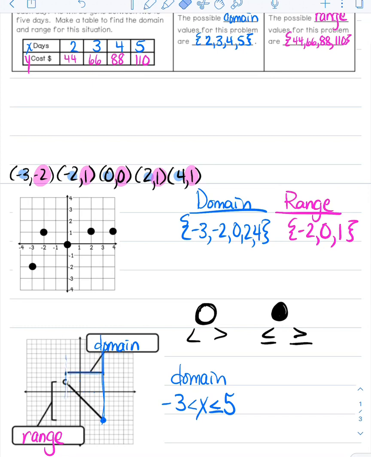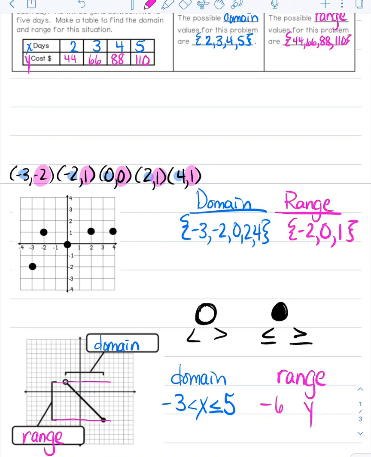So now let's take a look at the range. And we're going to do more of these, but I just want to show you the initial way to read it. So for our range, remember we go from least to greatest. The least y value that I see is -6.